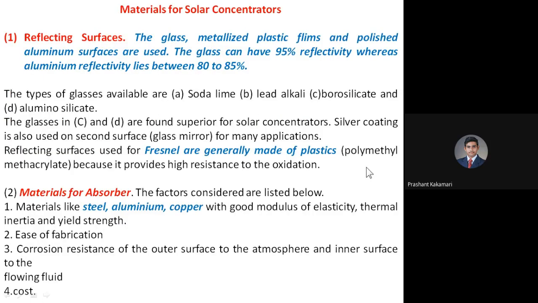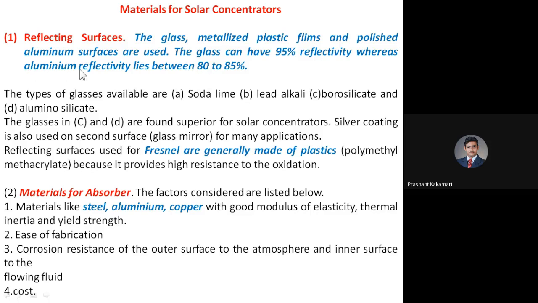Some more details of materials: the reflecting surfaces are made of glass, plastic films, or polished aluminum surfaces. These can have a very good reflecting surface, and glass can have 95% reflectivity, so such types of glass you have to choose. Whereas aluminum reflectivity can be achieved up to 85%, which is a very good option.